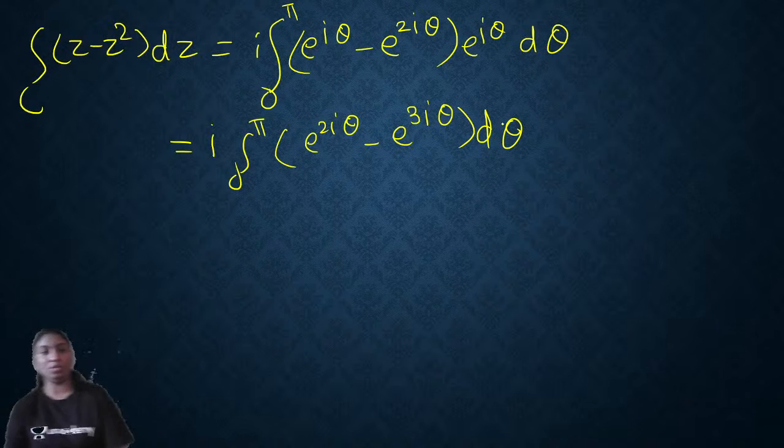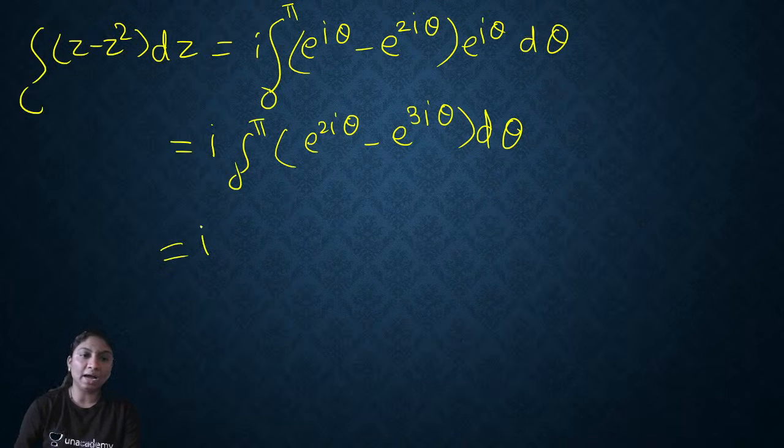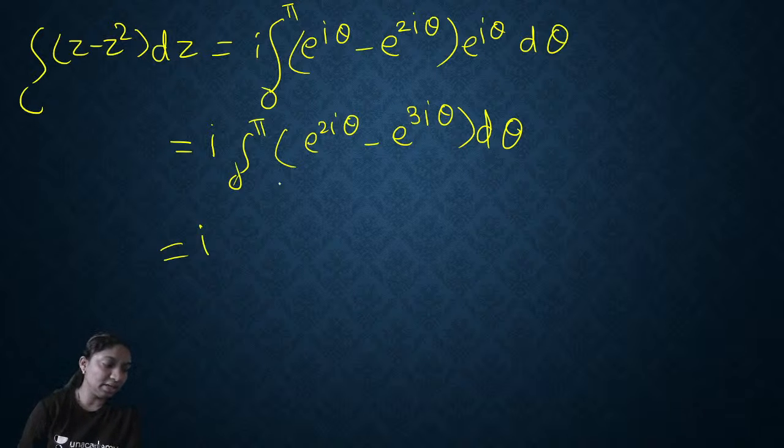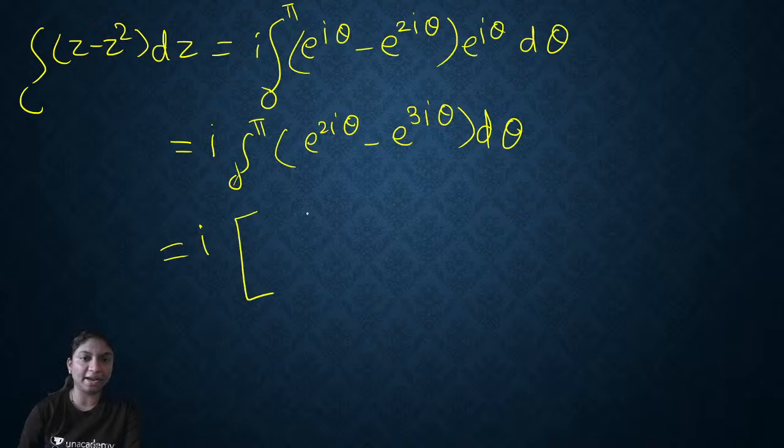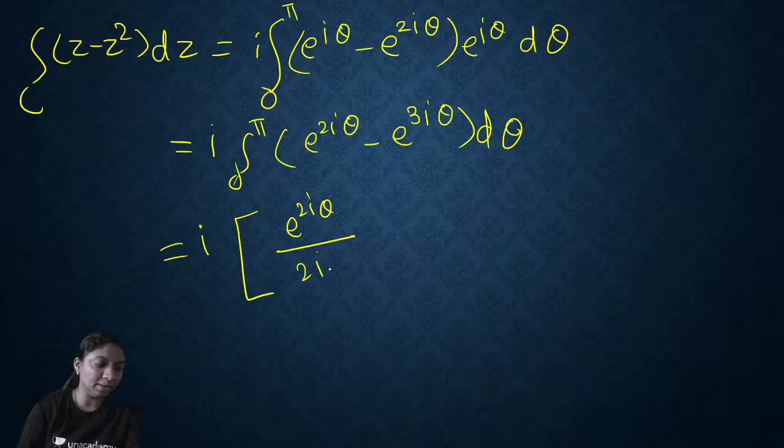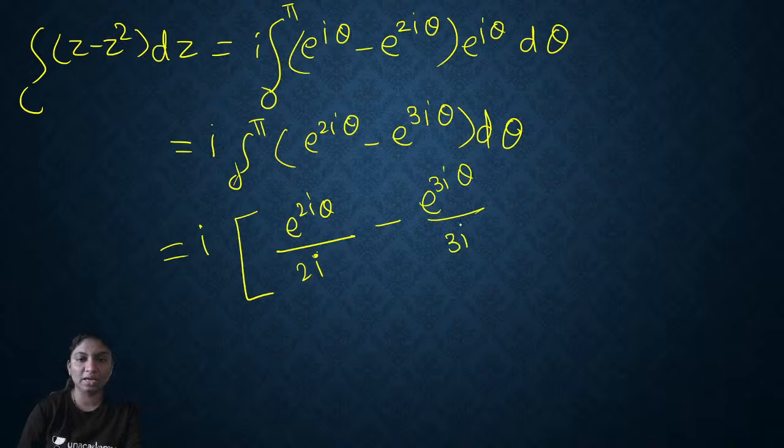So here you will get i into the integral from 0 to pi of e raised to 2i theta d theta. So i into the bracket: e raised to 2i theta upon 2i, minus e raised to 3i theta upon 3i, from 0 to pi.